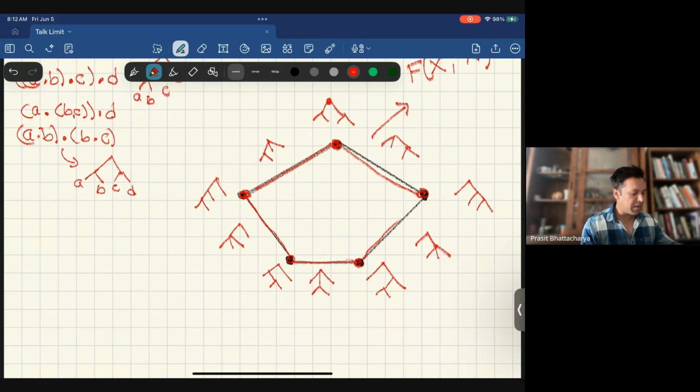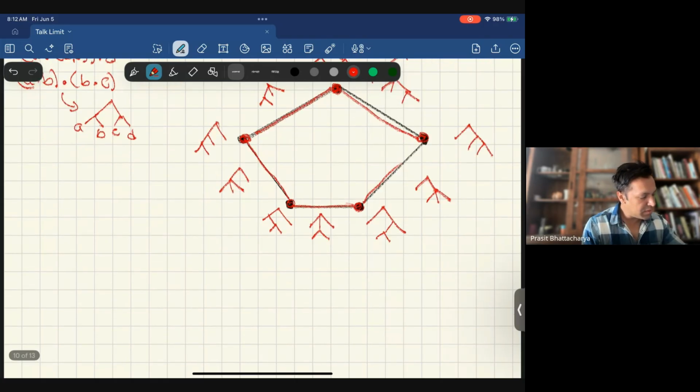Can I fill up the pentagon? So this pentagon, with the interior, I'm going to denote as K4. I'm going to talk to you about what these are in a bit.